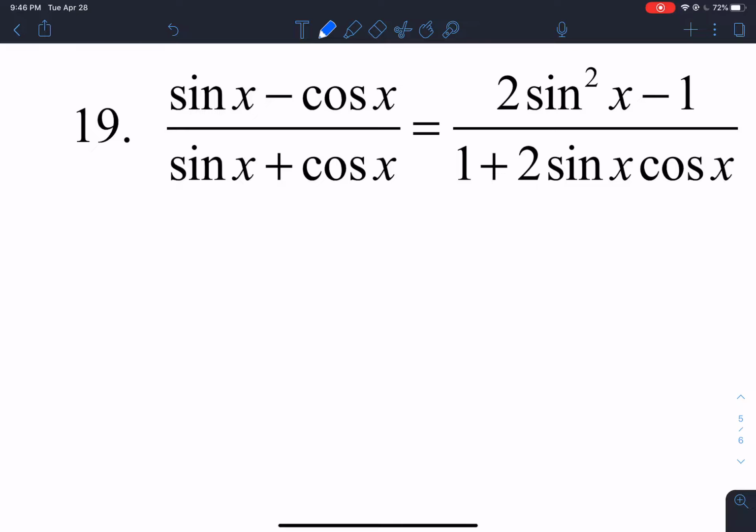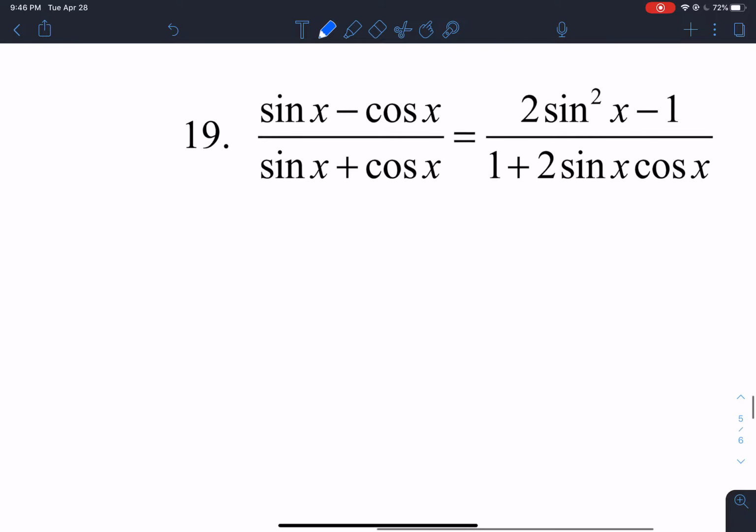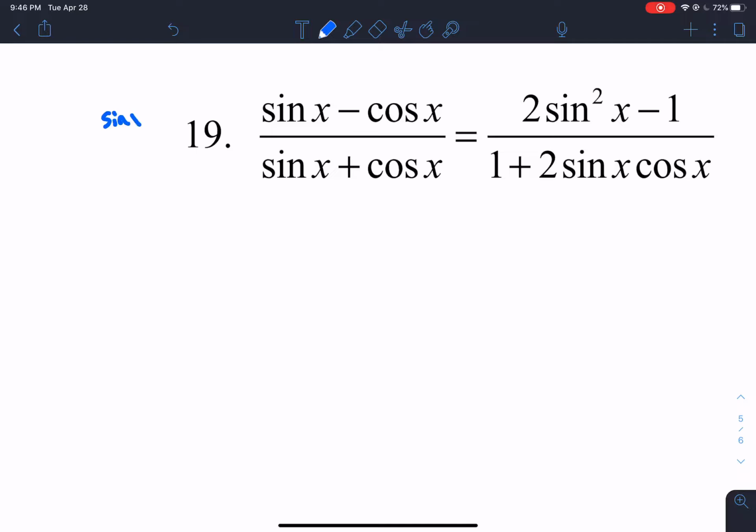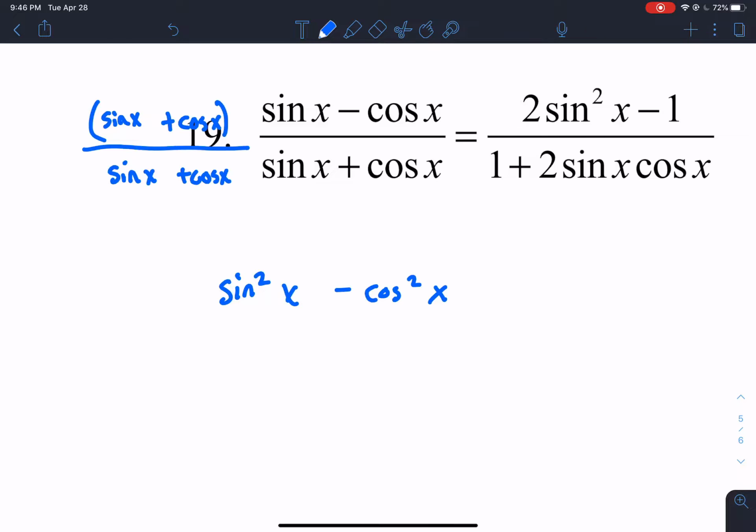Now, if you multiply through by sine plus cosine, let's walk through that. So if you do sine plus cosine in the top and the bottom, what are you going to be left with? Well, that's going to leave you with sine squared minus cosine squared in the top.